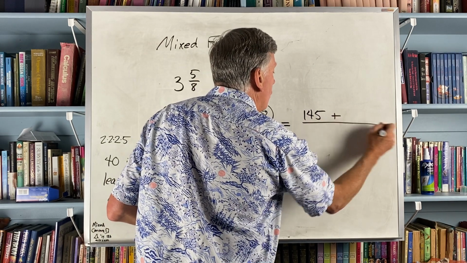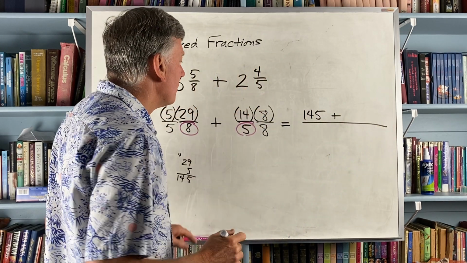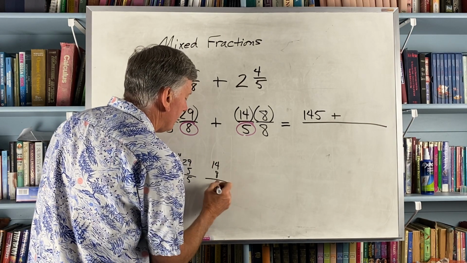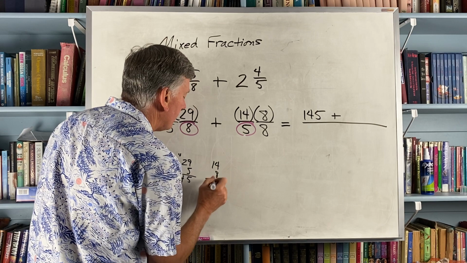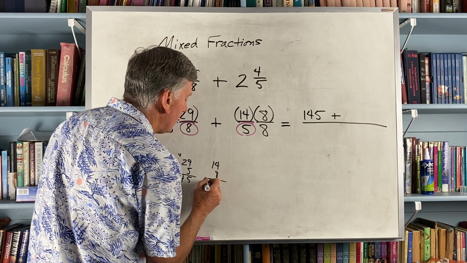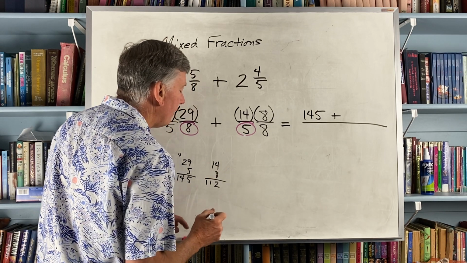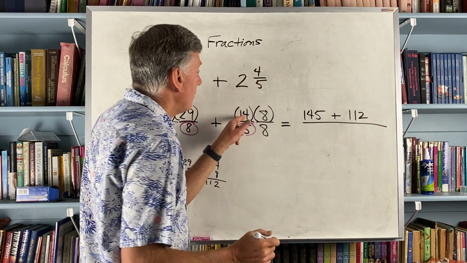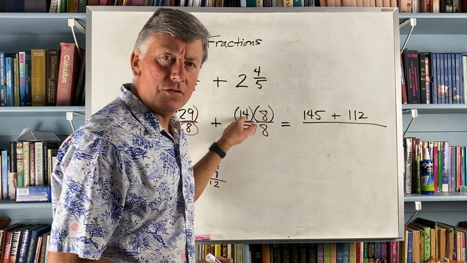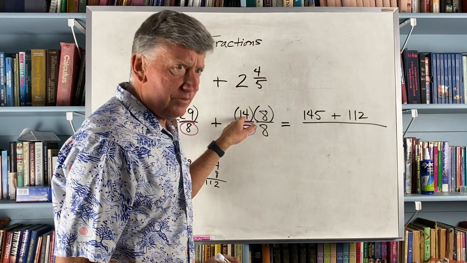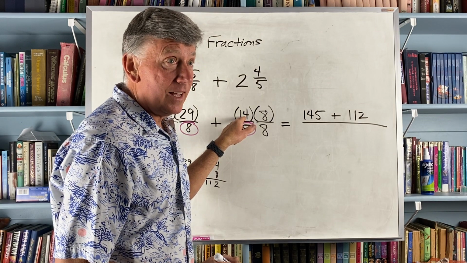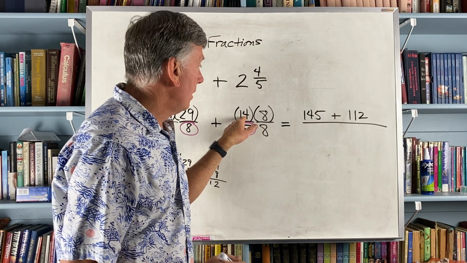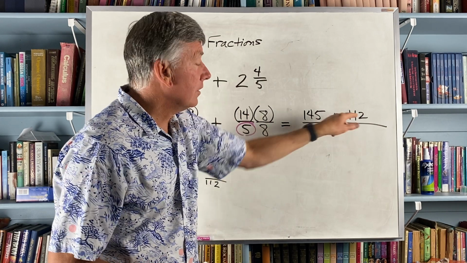And then over here, 14 times 8. 8 times 4 is 32. 8 times 1 plus 3 is 11, so that's 112. I can check that by saying, well, let's see, 14 is close to 15. 15 times 8 is going to be 80, plus 40 is going to be 120, minus an 8 is going to be 112.